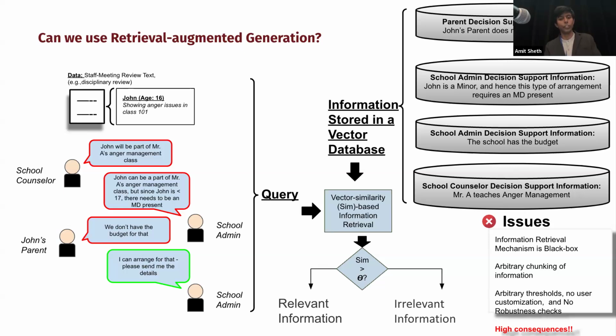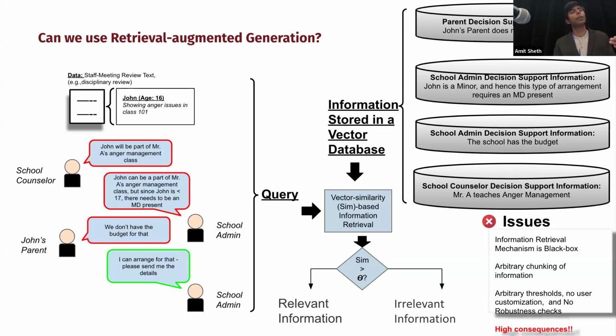There are several issues with using RAG. One is maybe by now you have a good picture of the heterogeneity of the information in this type of setup, right? In RAG, what essentially happens is you expect some kind of uniformity in your database, and therefore you can take advantage of techniques like chunking.